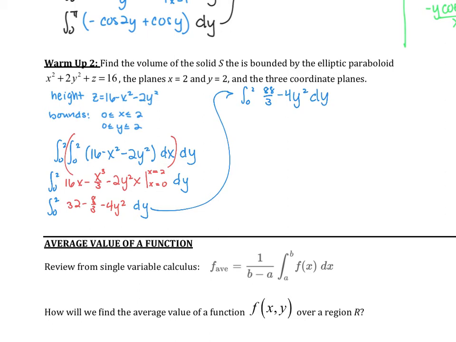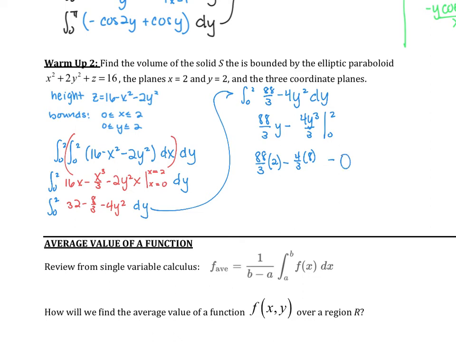That's fine. Now when I anti-differentiate this, we get 88 thirds y minus 4y cubed over 3, evaluated from 0 to 2. So we get 88 thirds times 2 minus 4 thirds times 8 minus 0 minus 0.